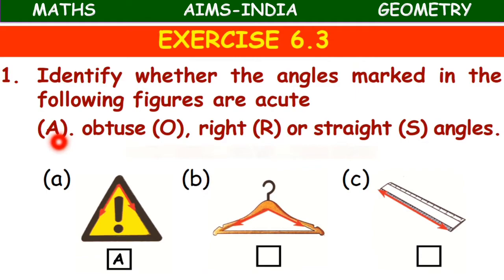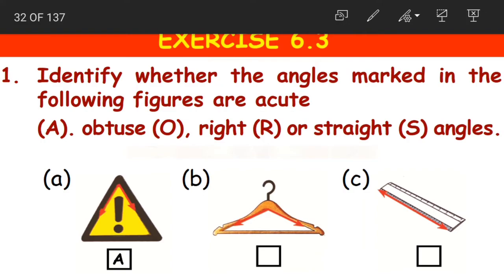Coming to the exercise problems, identify whether the angles marked in the following figures are acute, obtuse, right or straight. And what are the given objects here, children? Coming to A, it has already been done for us. See, this is a smaller angle than our right angle.